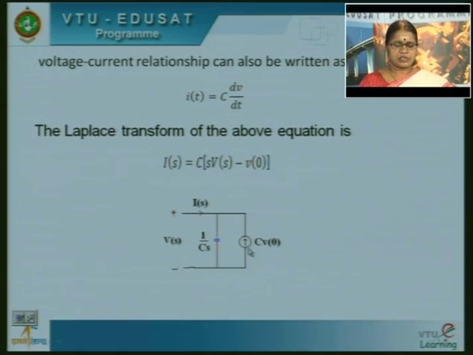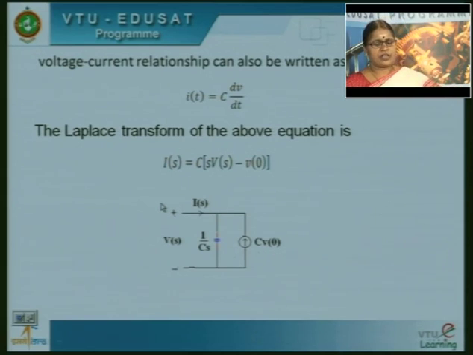Look at the directions of the current I(s). If I take the term C into V(0) to the other side of the equation, it becomes I(s) plus C into V(0). So, both I(s) and C into V(0) can be considered as incoming current at this node, whereas Cs V(s) is the outgoing current through this element. So, this is the equivalent circuit of the capacitor in S domain.